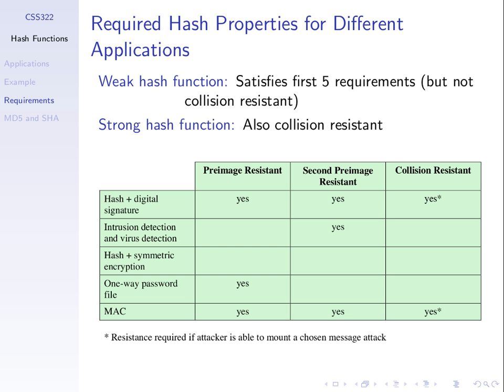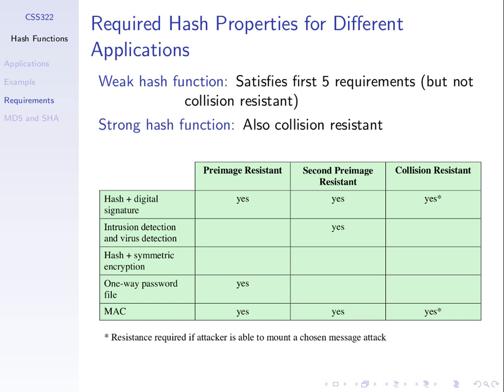So, to stop such an attack, we need the hash function to be weak collision resistant, or the other name is second pre-image resistant. If the hash function is weak collision resistant, but it is not strong collision resistant, which is the third column, then that's okay in some cases. There's only certain types of attacks where it's not okay from the security perspective.